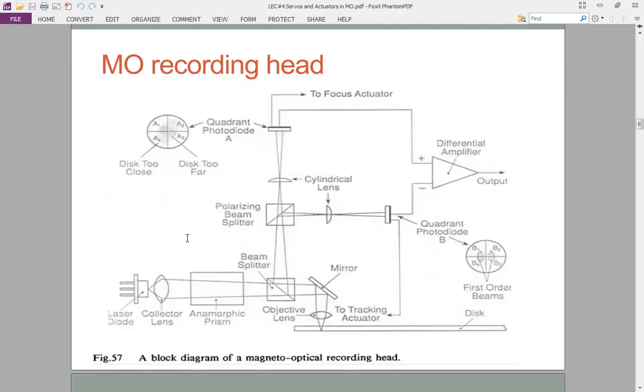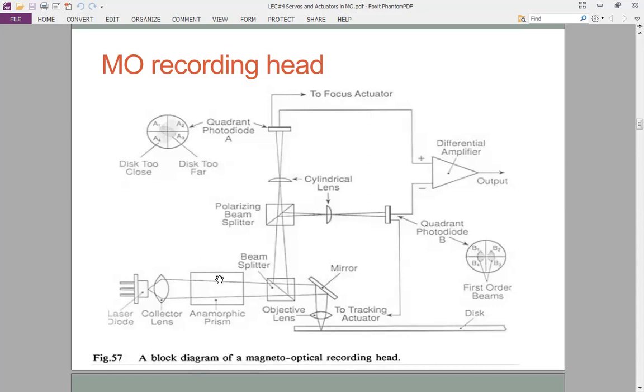So the diagram that you can see there is a bit faint, but it contains what I want to show. It's basically the same as the diagram that we had, but here we have a block diagram that contains the laser diode. We have a collimator lens.